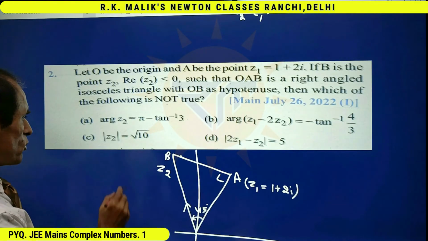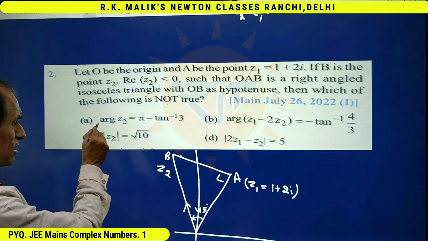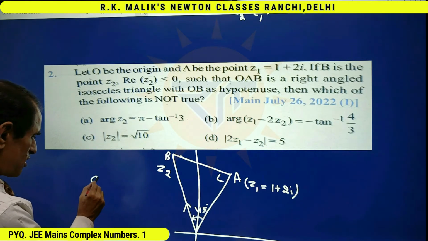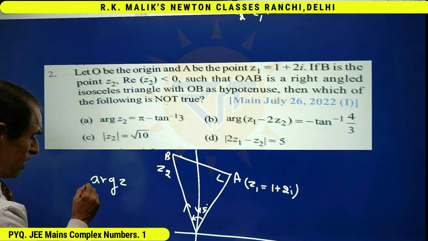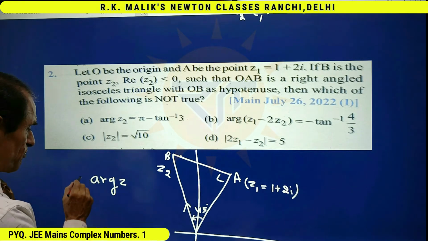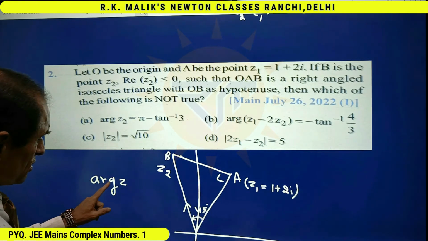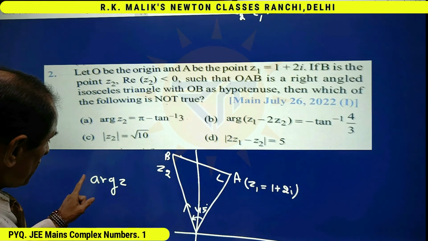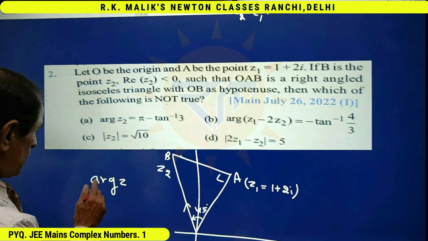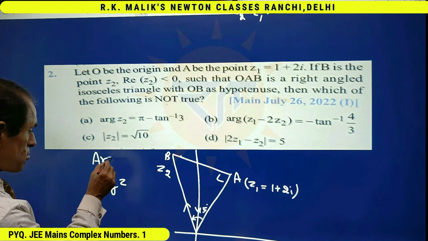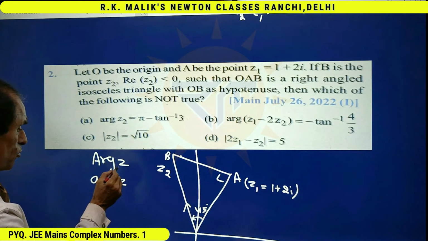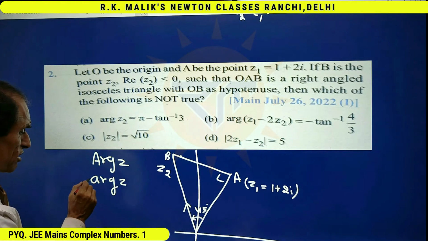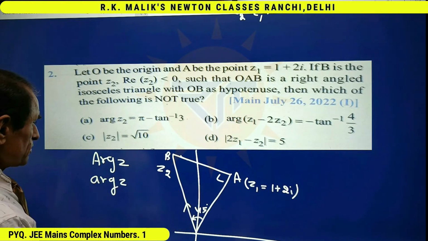Note that the examiner has written arg z with a small a, and small a means he is telling us to find the principal argument. If it were a capital A, this would mean that he wants the general argument, and small a means he wants the principal argument.